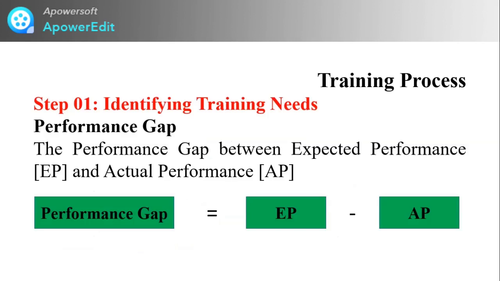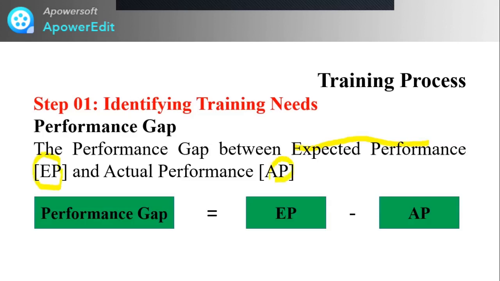Identifying training needs. Before identifying the training needs, we have to get the idea about performance gap. The performance gap means the difference between expected performance, EP, and actual performance, AP.